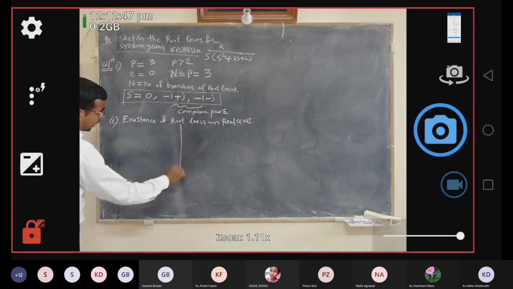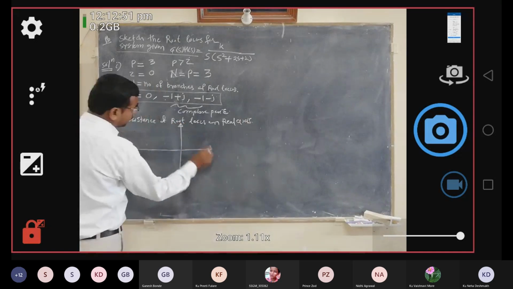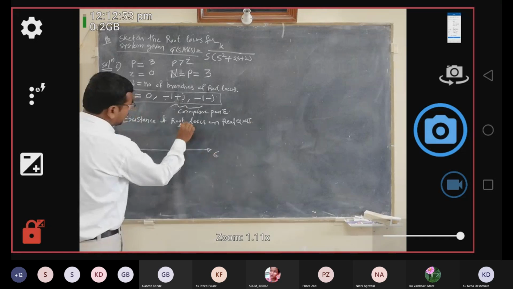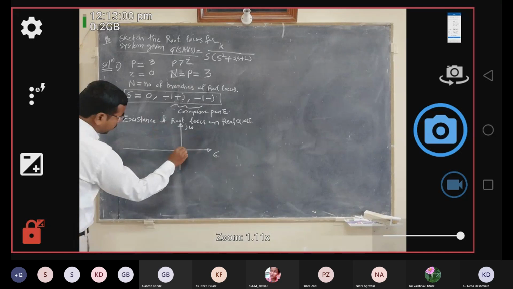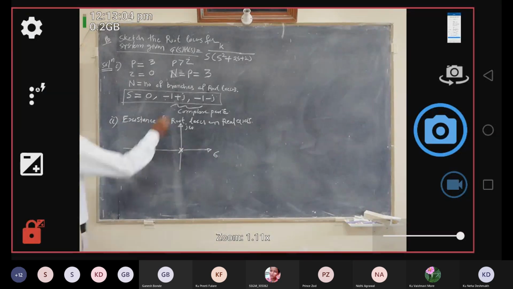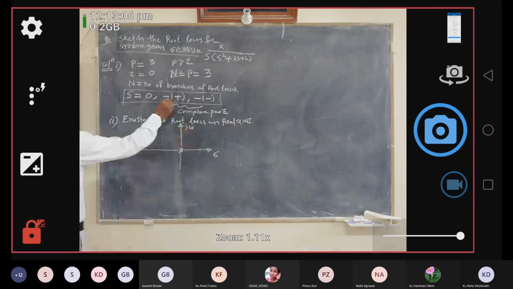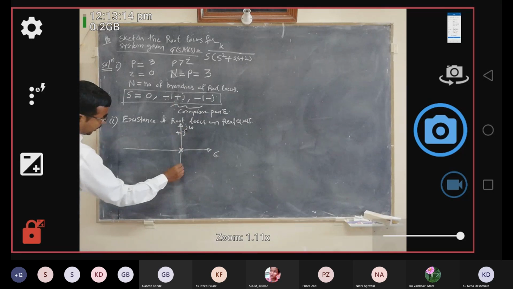You just sketch a rough pole-zero plot in the complex plane, sigma plus j omega. Locate your roots. The first root is located at the origin, so this is our first pole. Then these are the two complex poles, -1 plus j. Let's say here is my plus j, and somewhere here I get minus j.